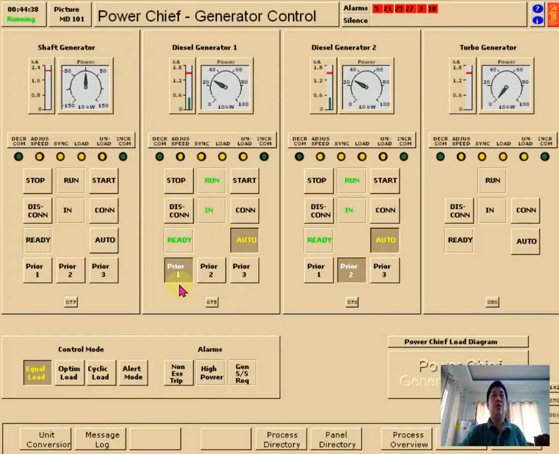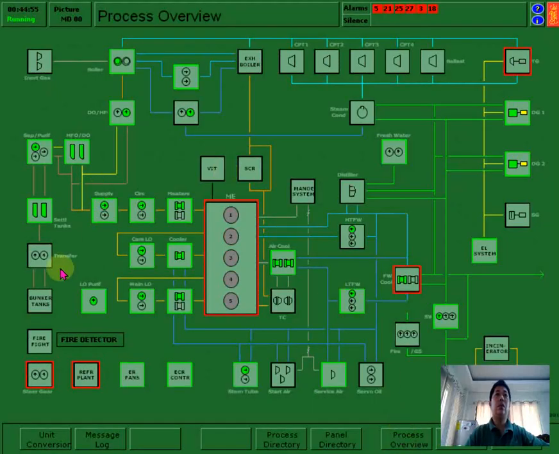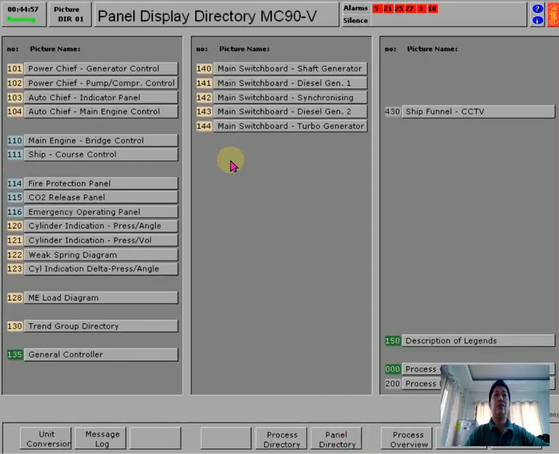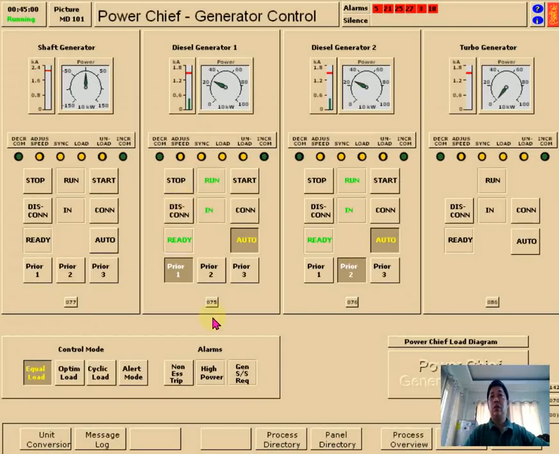Since you switch DG1 into priority 1 and automatic, and DG2 in automatic and priority 2, if you reduce some load, number 1 will take the load from DG2, and DG2 will reduce to 0 and disconnect the breaker automatically.